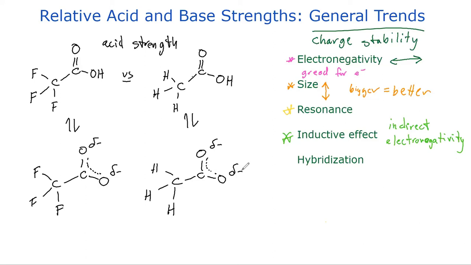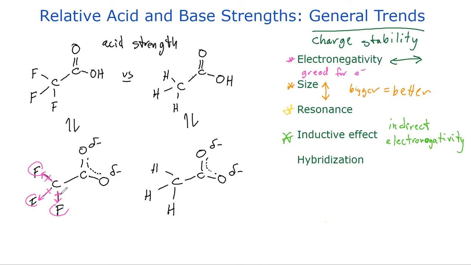Now consider the effect of the highly electronegative element on the bonds. So we have 3 fluorines. Fluorine is the most electronegative element in the universe. And so these are very polar bonds between this carbon and the fluorines.